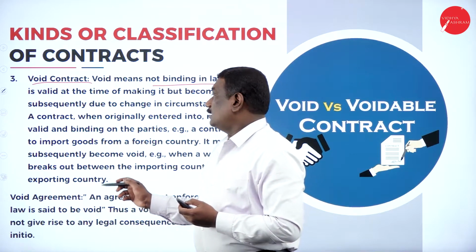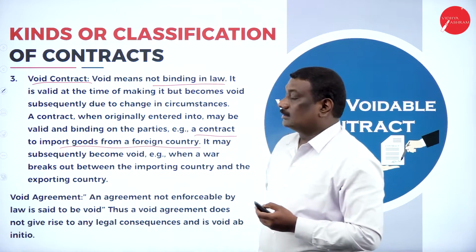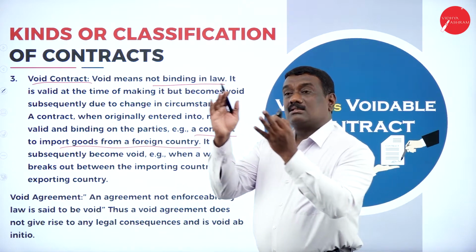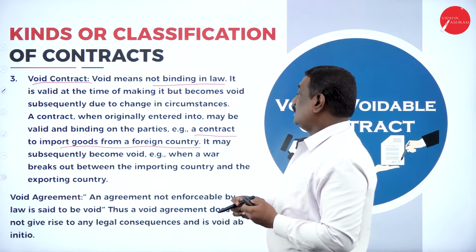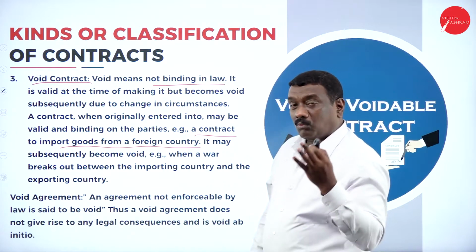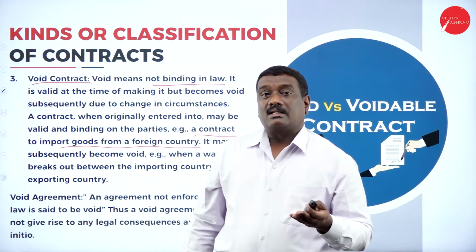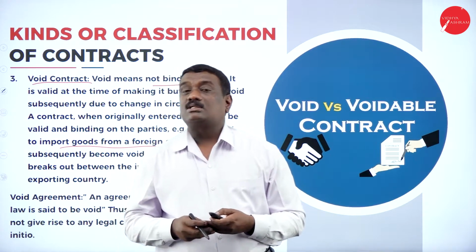Here you can see the example of a contract to import goods from a foreign country. If a person A is importing goods from a foreign country, it becomes void when war breaks out between both countries, because then you cannot fulfill the promise of importing or exporting the goods.